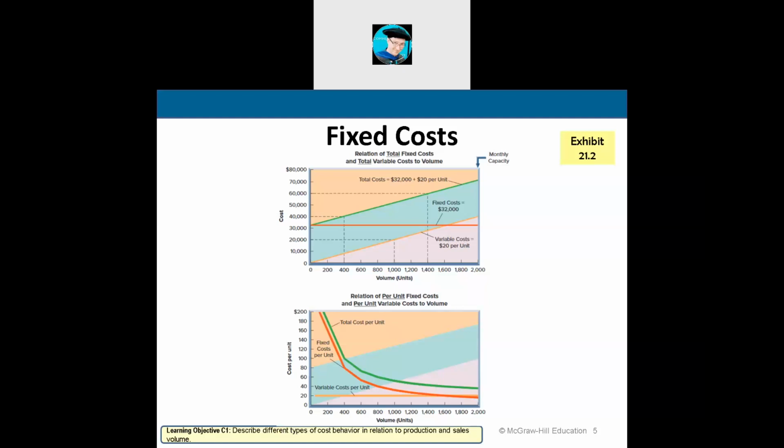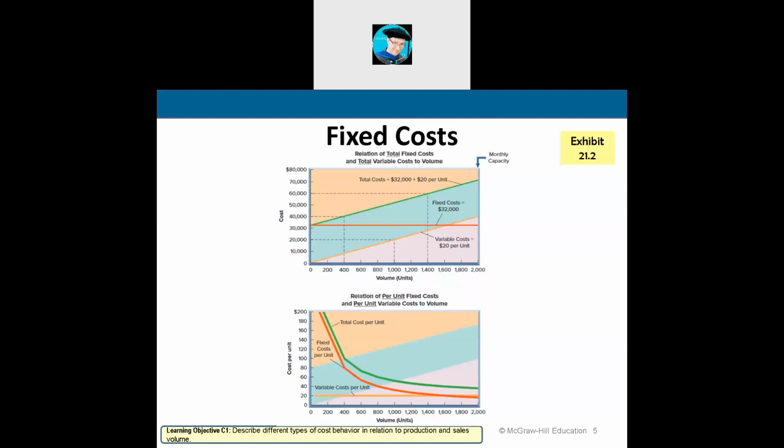Fixed costs remain the same regardless of the level of output. This is represented by the dark orange, reddish line going through the center of this chart, about $32,000. $32,000 is my fixed cost. That includes things like the manager's salary, the depreciation expense, the rent, etc. Fixed costs, they don't change.